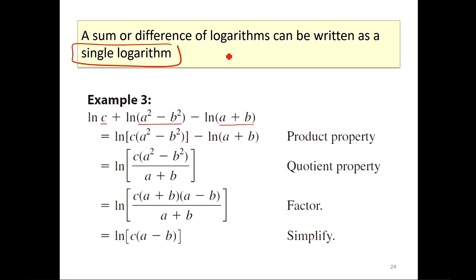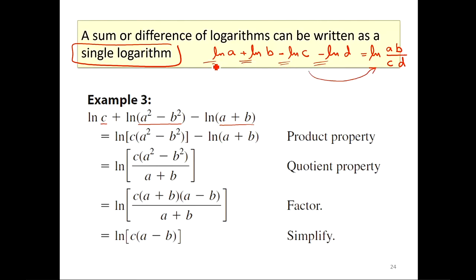If we have minus ln, this is in the denominator directly. For example, if we have ln A plus ln B minus ln C minus ln D, so this is directly ln of A multiplied by B over the denominator C D. Because this is negative, this is in the denominator.